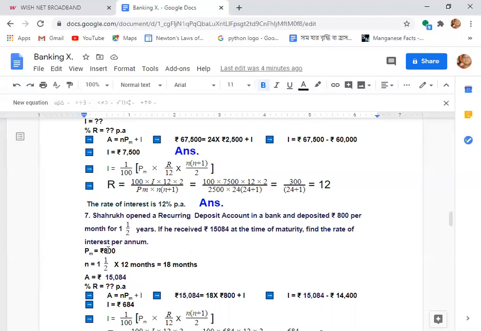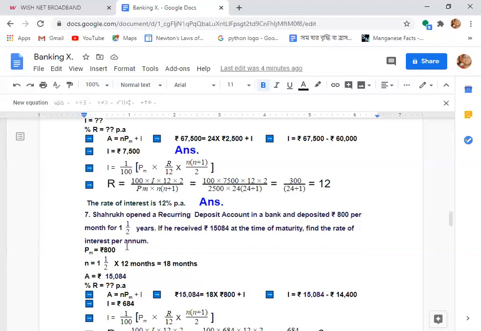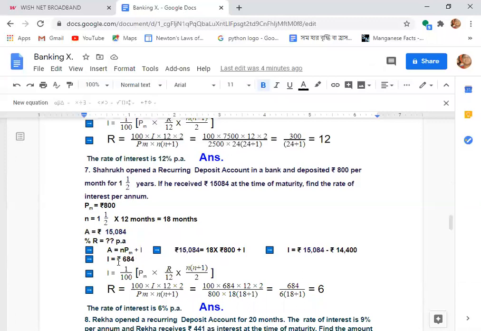Number of installments is changed to 800. Amount also changed to 15,084. So just put the values. We got what is the total interest on. That should be 15,084 minus the 14,400. How does 14,400 come? It is very simple.